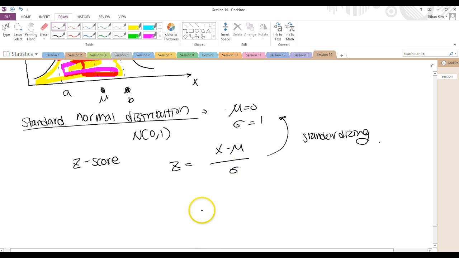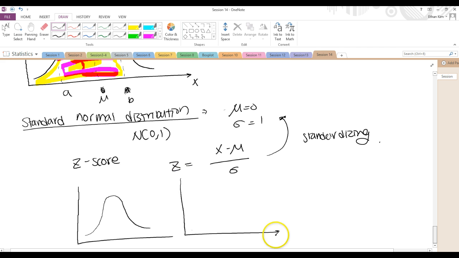You want to reshape it. So, for example, if you have a graph like this, right? Dividing or multiplying by something always shifts. So this is a normal curve, and the original curve you might have was something like this. It's a little flatter. And if you divide by sigma, then you're going to make it narrower and make it a standard.